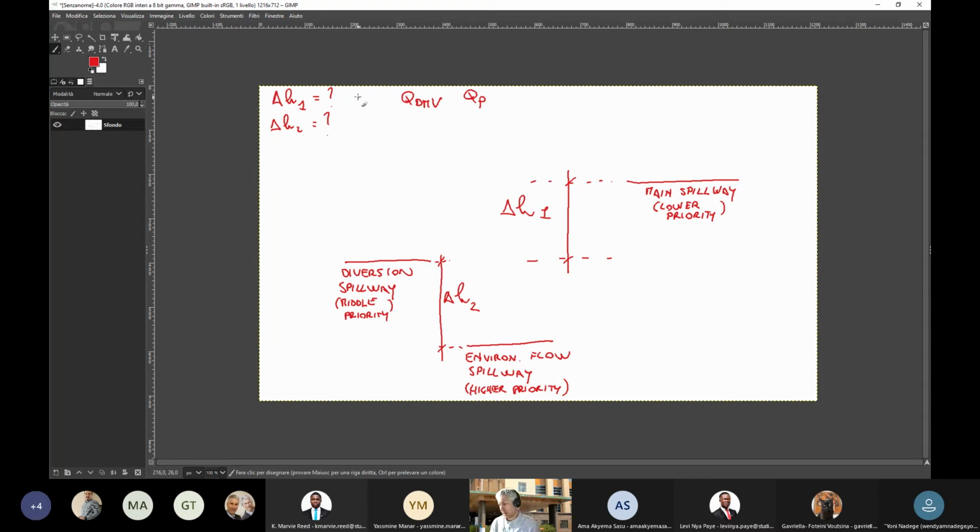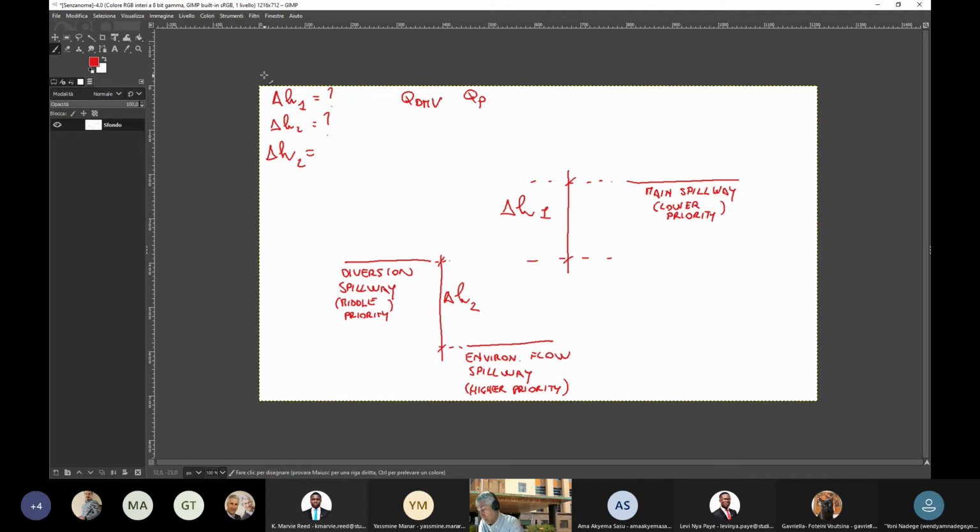Now, let's focus on delta H2, and let me find an expression for it. And keep in mind, what is the condition that I have to ensure?